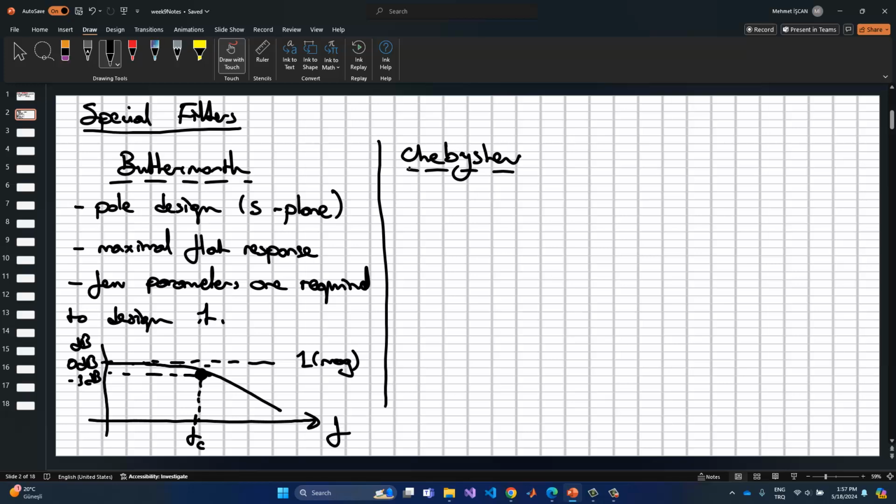And also we have the Chebyshev filters, okay? These Chebyshev filters also use the pole design in the S-plane, okay?